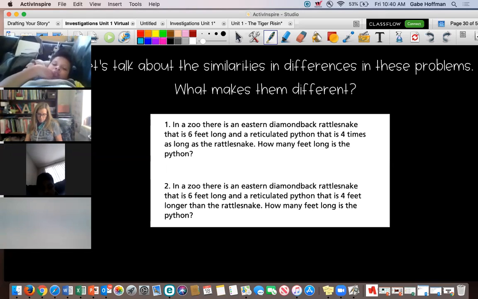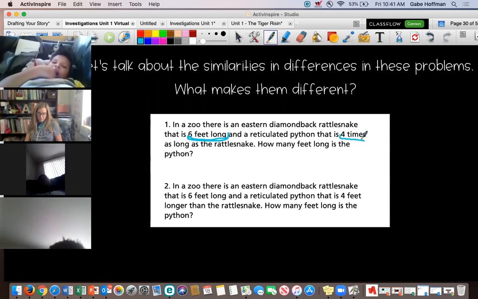Thank you. So first, let's look at the numbers that are in these 2 problems. In the first problem, we have the diamondback rattlesnake is 6 feet long. And Jay, how long is the python? What does it say about him or her? That it's 4 times as long as a rattlesnake.